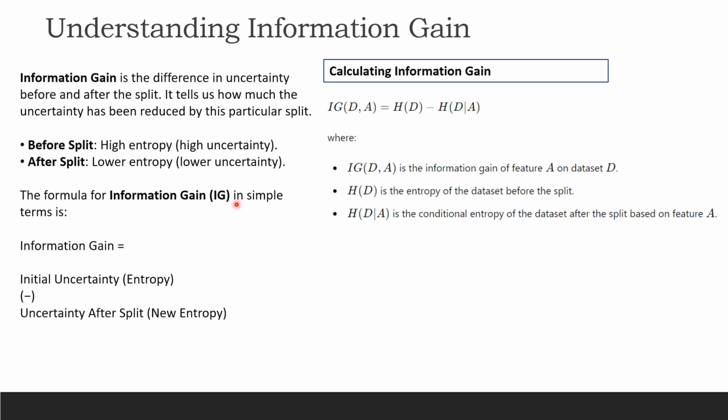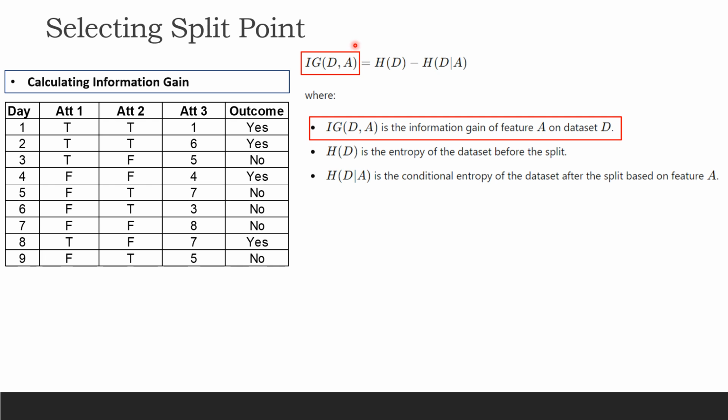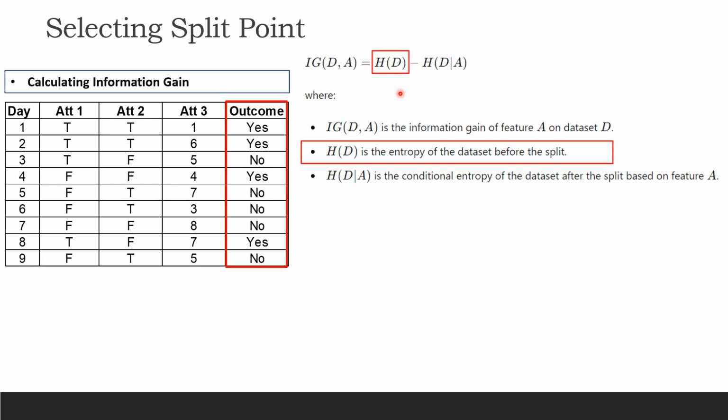And the formula for information gain is the initial uncertainty minus the uncertainty after the split. So this is the gain of information, or the gain in terms of difference of homogeneity, or in terms of the orderliness or disorderliness of data. This is what information gain is giving. And mathematically, it is denoted with this formula, wherein information gain in total is calculated by the entropy of the data set before the split, that is the outcome variable.